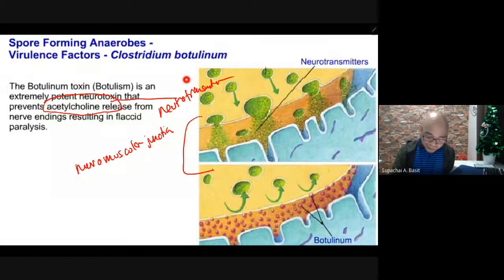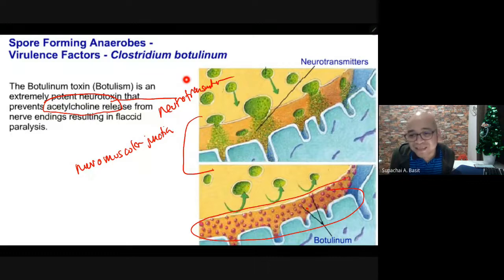Because the neuromuscular junction is filled with toxin so acetylcholine is not released. And if acetylcholine is not released, this will paralyze our diaphragm. And if our diaphragm is paralyzed, then we cannot breathe. Then we will die.